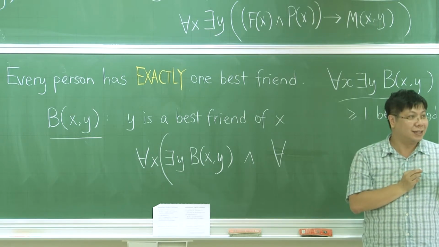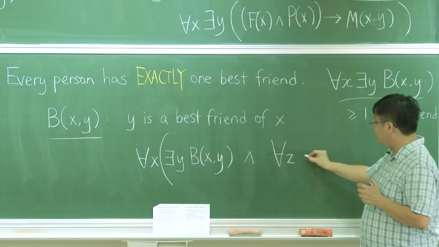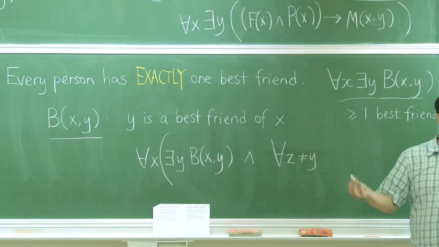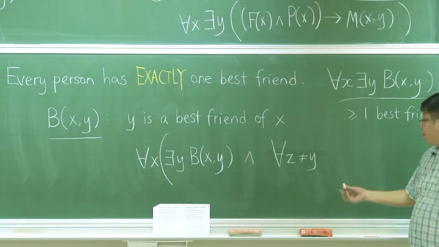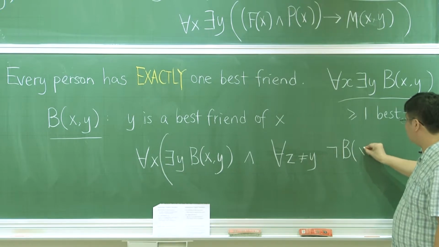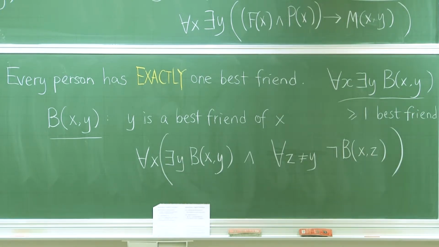Does that make sense? So for every person, let's call it z, and z is not equal to y, I don't love her. She's not my best friend. Not b(x,z). Is that okay?